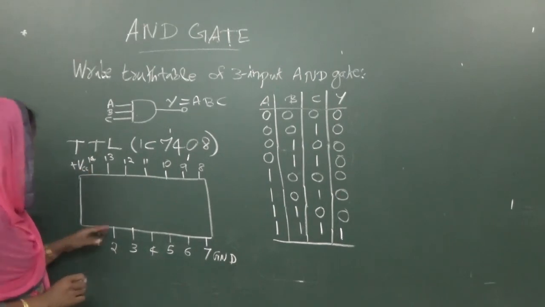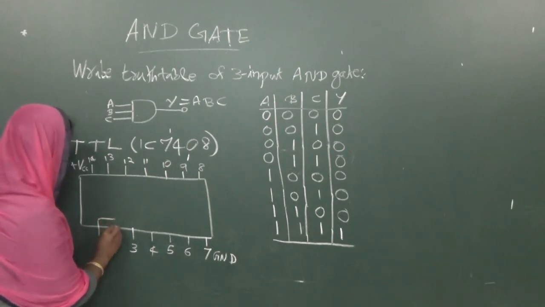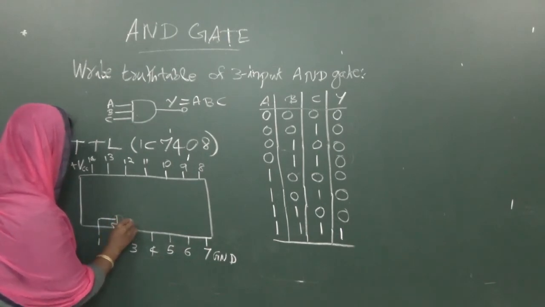Now there are AND gates such that 1 and 2 together form 1 AND gate like this.